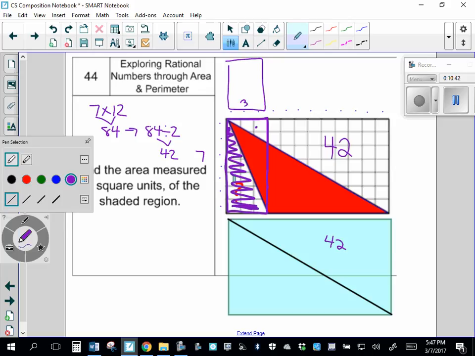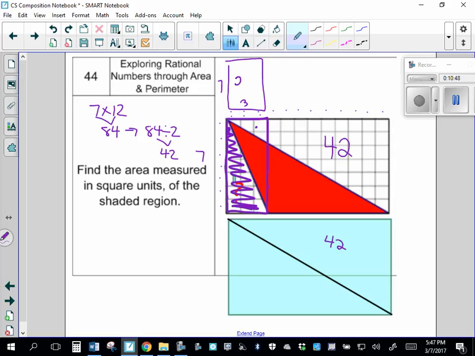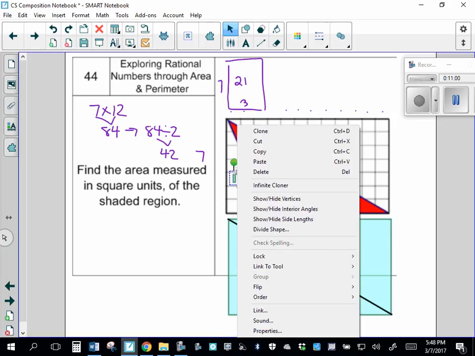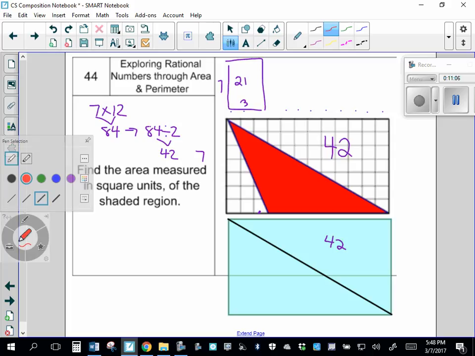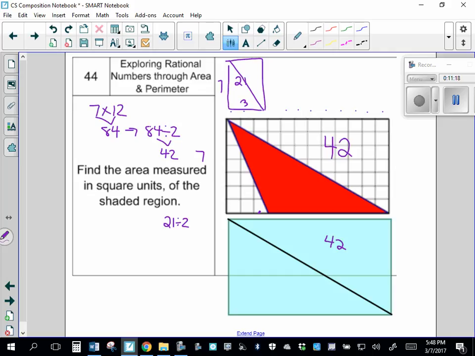It would be 3 units, because it's 1, 2, 3 by the same 7. So it's 21 units. So I'm going to erase all of this, clean it up a little bit. But I just want the bottom half of it. So I'm going to take 21 and divide it into 2 parts, and that's 10.5. So that's the bottom half.